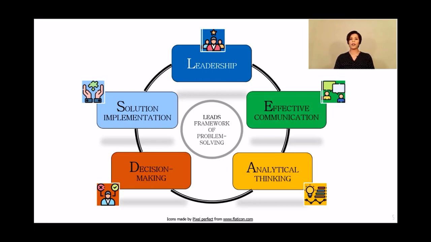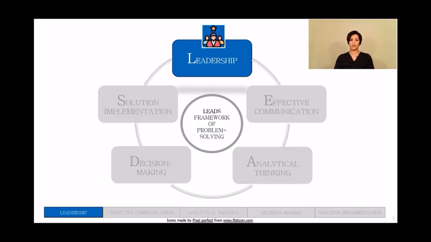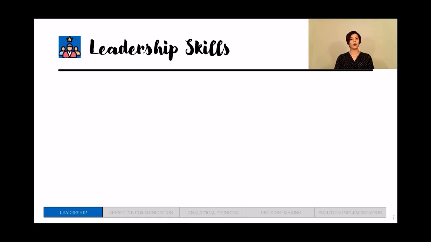We first focus on leadership skills. Leadership is a relationship between those who aspire to lead and those who choose to follow. It is not a gene or an inheritance.